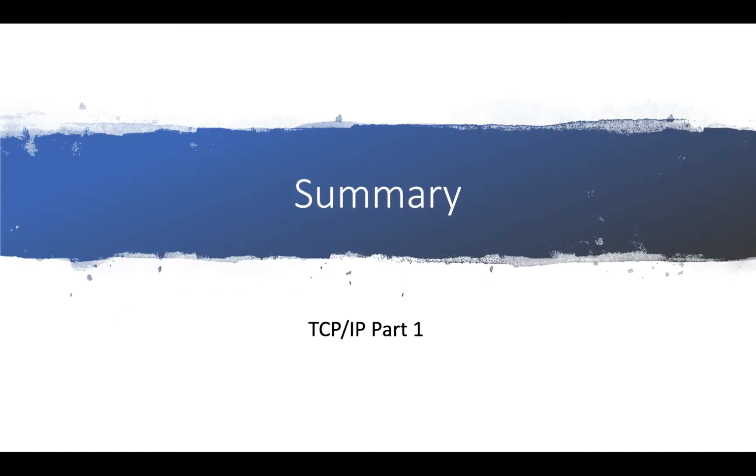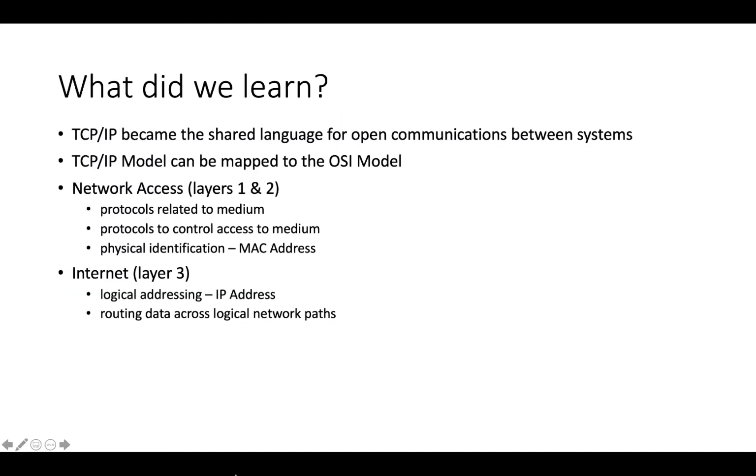Summary. Let's review what we learned in TCP/IP Part 1. We learned that TCP/IP became the shared language for open communications between systems. All modern systems use TCP/IP. We learned that the TCP/IP model can be mapped to the OSI model.